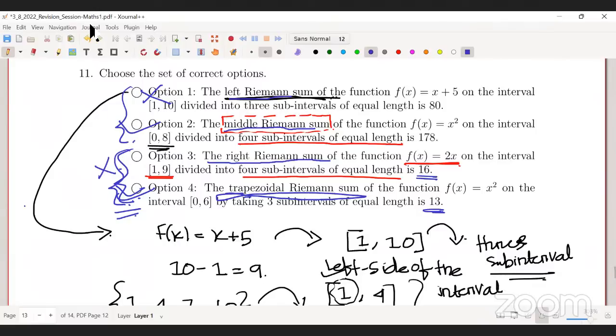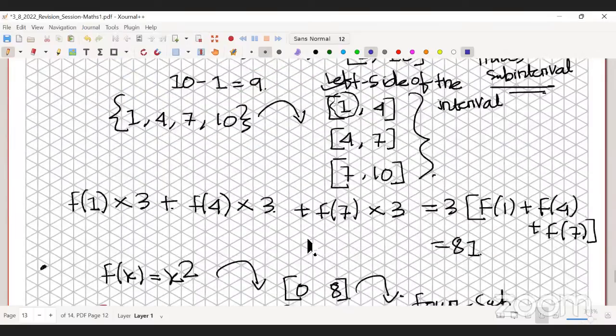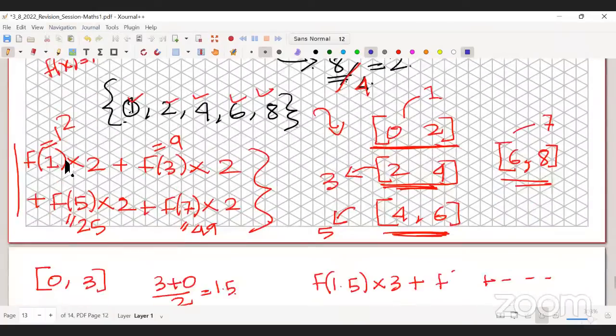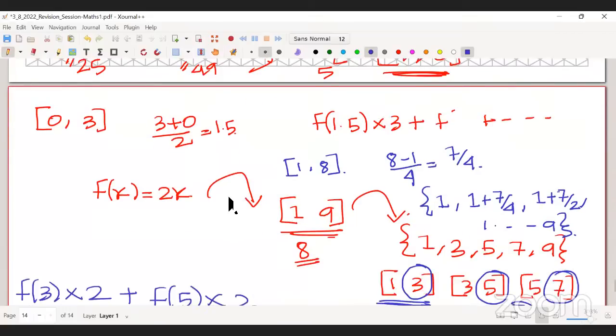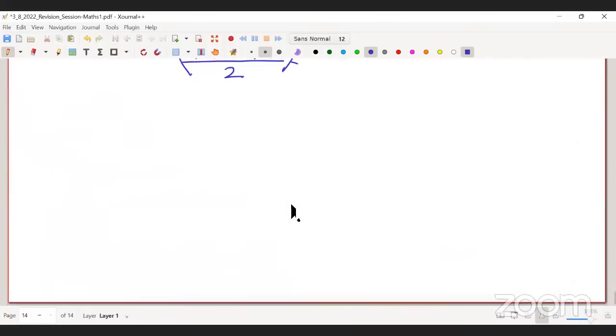These sums give you an approximate value of the area under the curve.